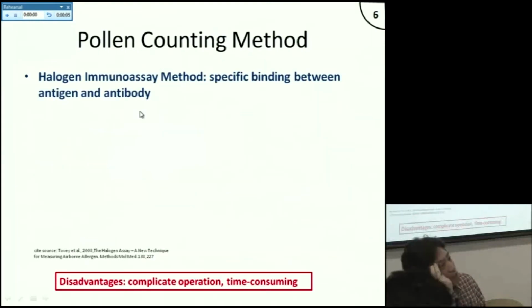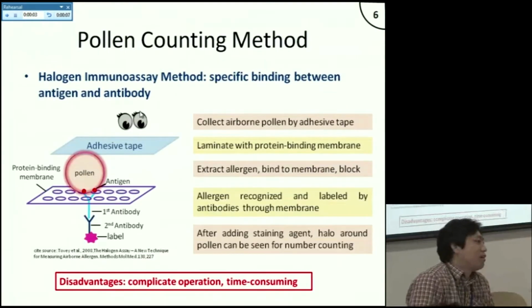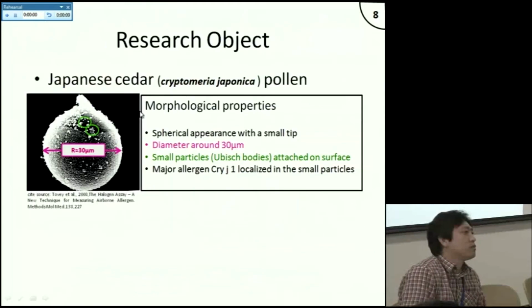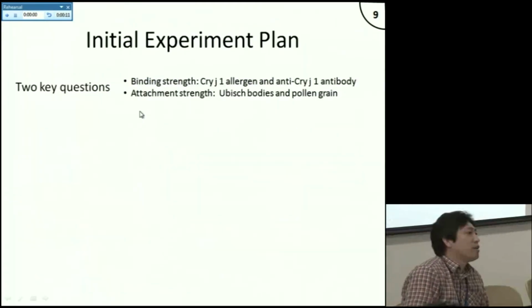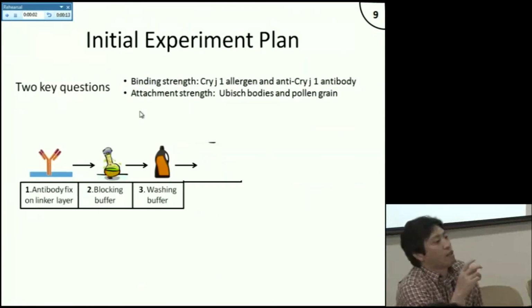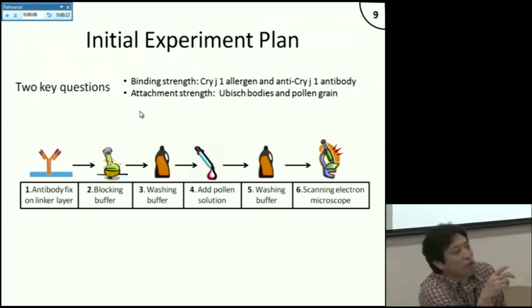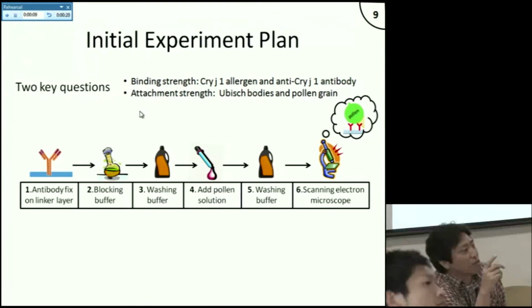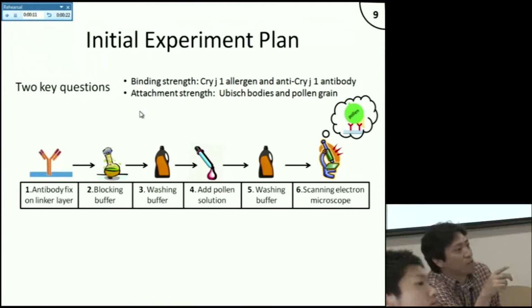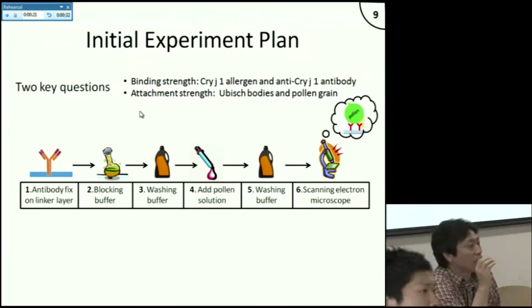Your study is very interesting. After slide 9, to observe the pollen, you will use the scanning electron microscope. I think you don't need to use that, because the size of the pollen is very big, so you can see it with just a microscope.